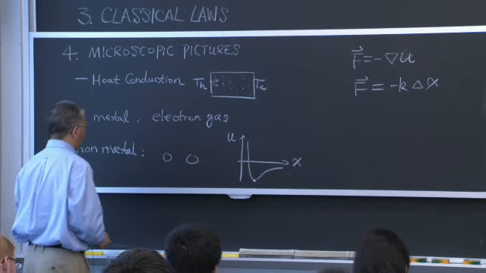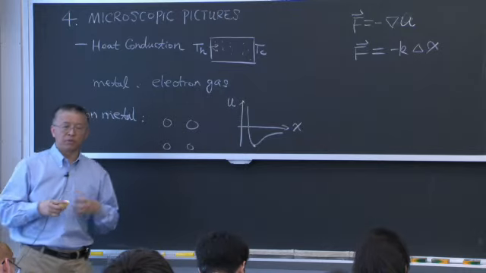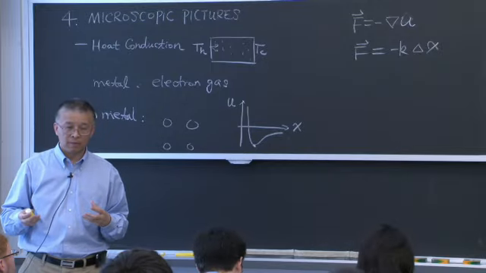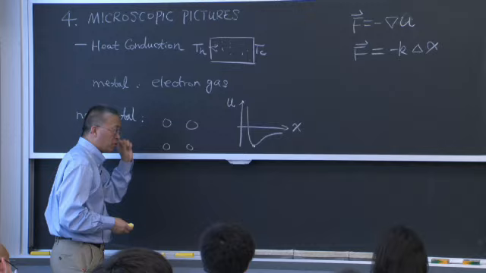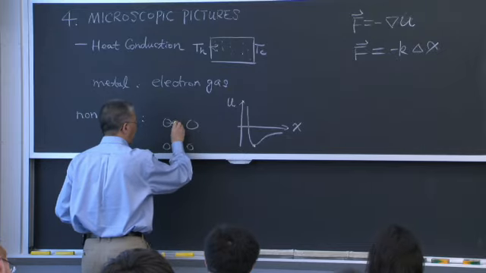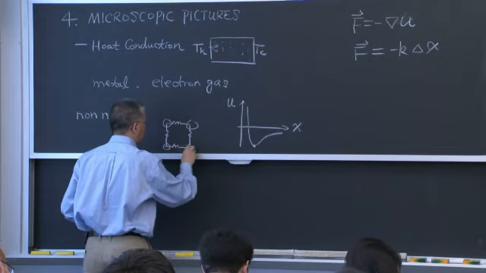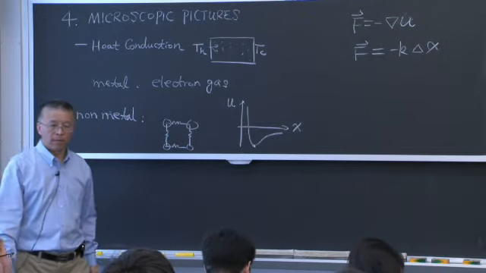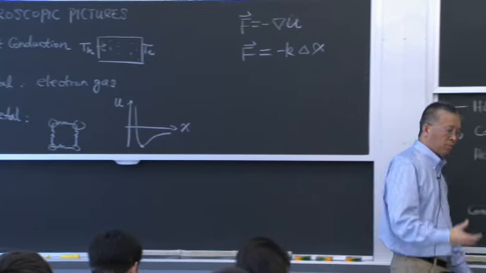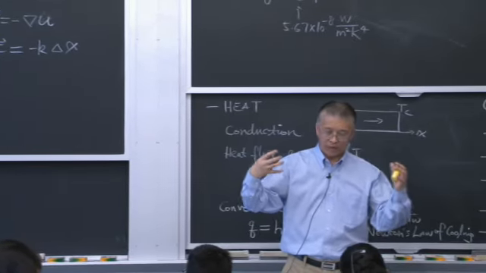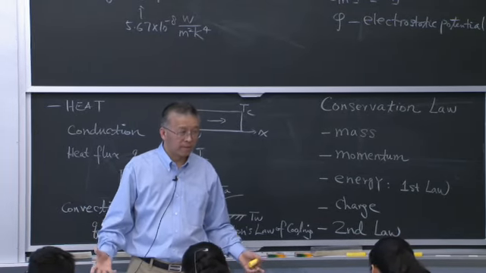When I have a crystal like a diamond, it's a periodic arrangement of atoms. They have their equilibrium position, and they are held together by these springs. Now you have this network, and it has vibration.